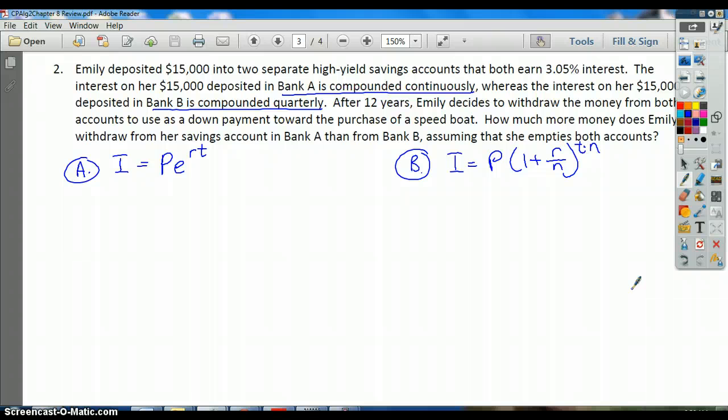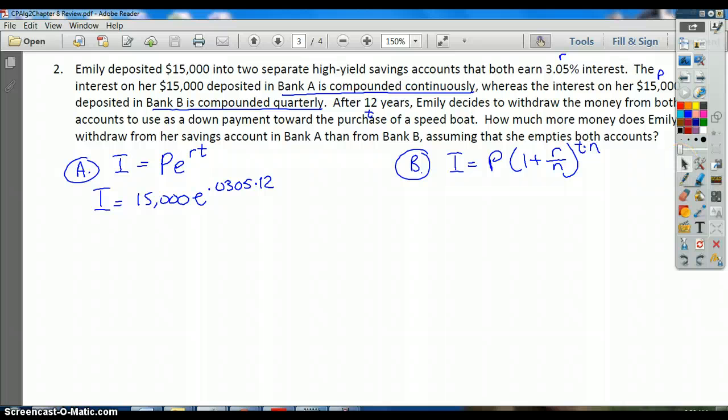Let's go through it. We got our time of 12 years. So there's our t. Here's our rate, and here's our initial investment. All right. So starting with the first one, I will be equal to $15,000, our original investment. We're increasing at 0.0305, and time is 12 years. So go ahead and do this.